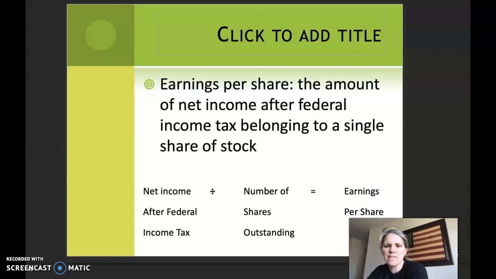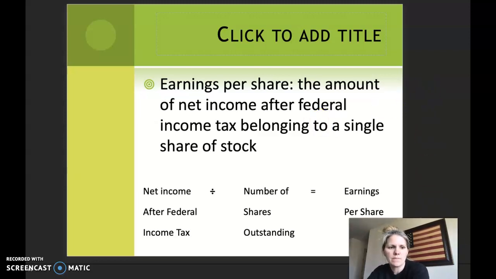This is the amount of net income after our federal income tax that goes with just one share of stock. So the formula for that is taking our net income divided by our number of shares outstanding. The book will always tell you what your number of outstanding shares are, and that's going to get you your earnings per share. So how much is somebody who owns stock in your company making for each share that they own? So that's earnings per share.